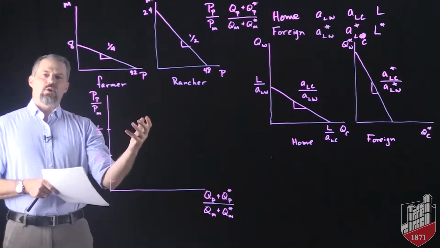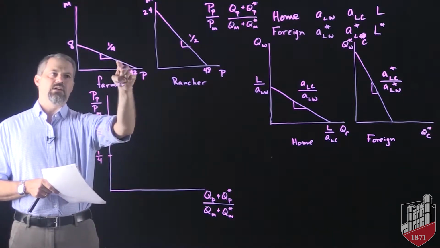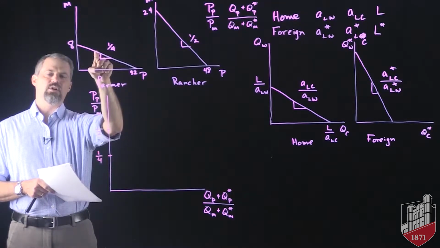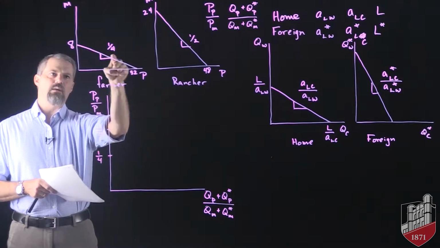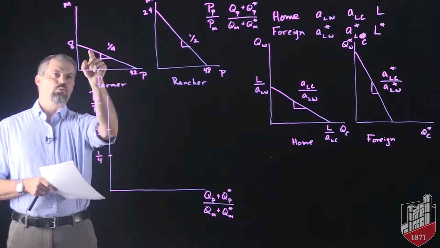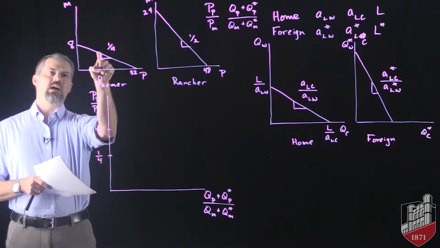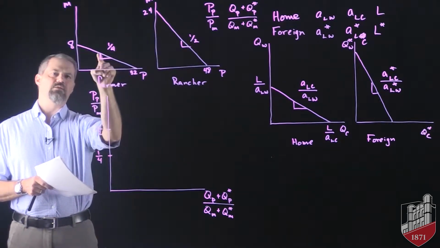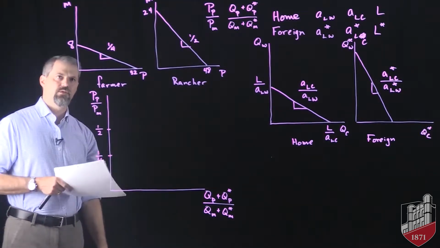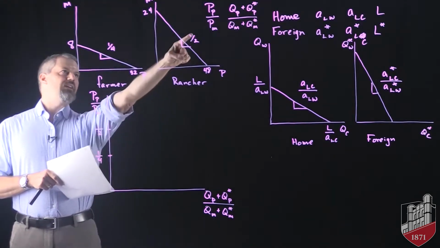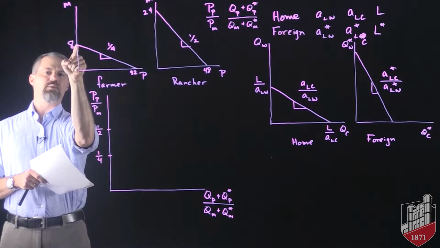If we think back to our ISO value line, remember the value of any of these bundles on here, if we picked a point on this production possibilities frontier and we drew the ISO value line through that point, that would represent all of the bundles that have the same value. And we could compare bundles on this production possibilities frontier and see which one of them they would choose to produce. Well, if the relative price of potatoes is less than 1/4, the bundle that would maximize the value of production would be right up here.